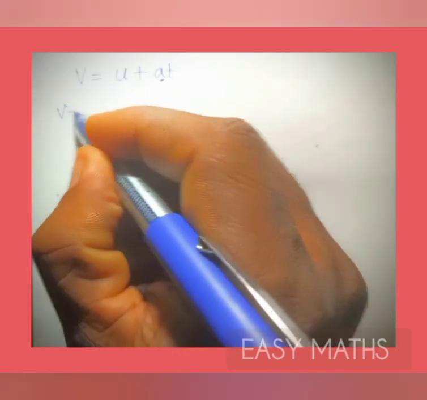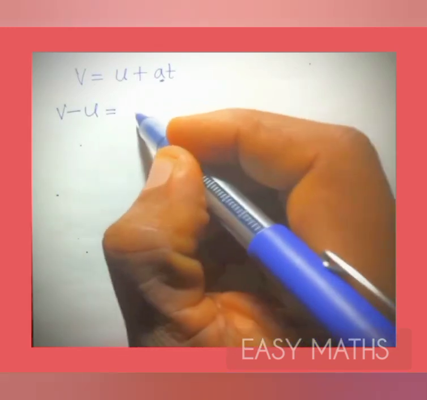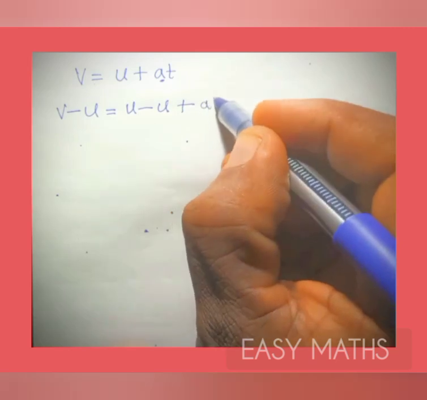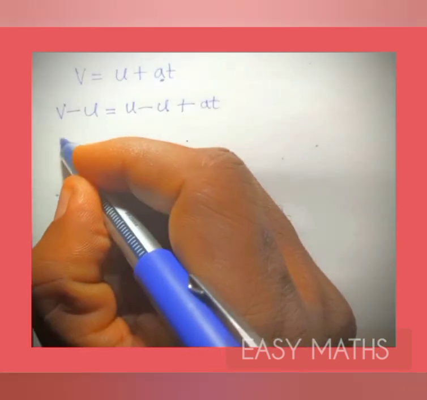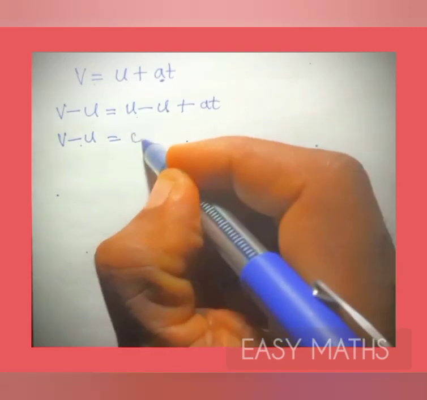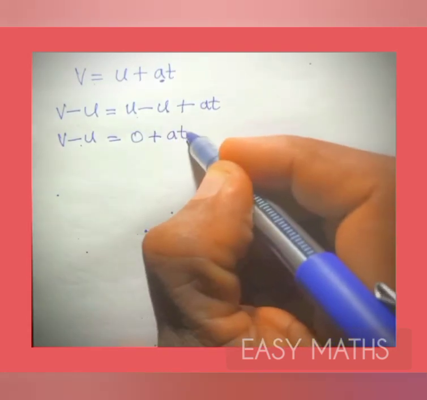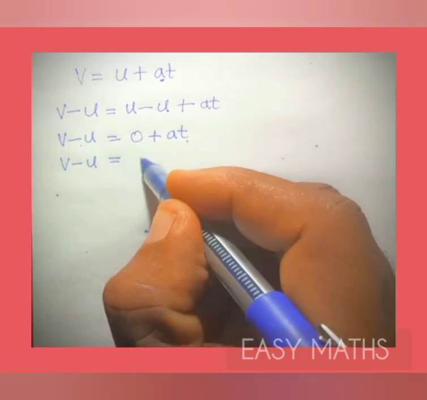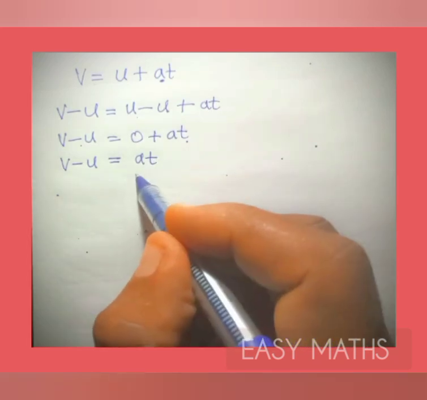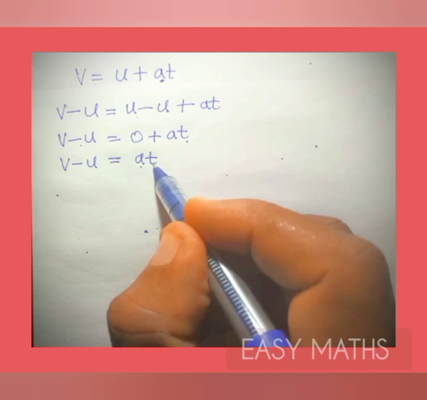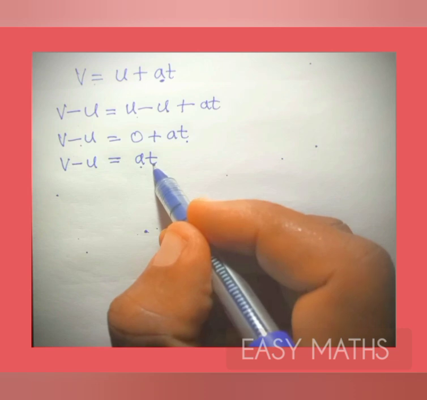So we have V minus U equals to U minus U plus AT. This will give us V minus U equals to U minus U is 0 plus AT. So we now have V minus U equals to AT. So remember, we are making A the subject of formula, so we have to see how we can remove T by applying the inverse operation of multiplication, which is division.